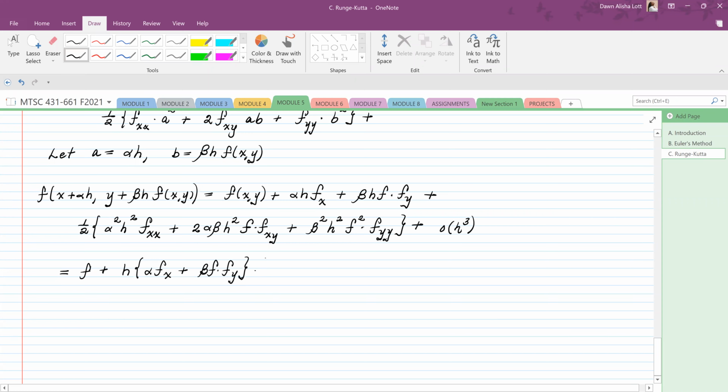And then I can factor out the h squared, and I can get alpha squared over 2 times f sub xx plus 2 alpha beta times f sub xy plus beta squared over, get rid of the 2, I apologize, no 2. Plus beta squared over 2 times f squared times f sub yy. Okay.